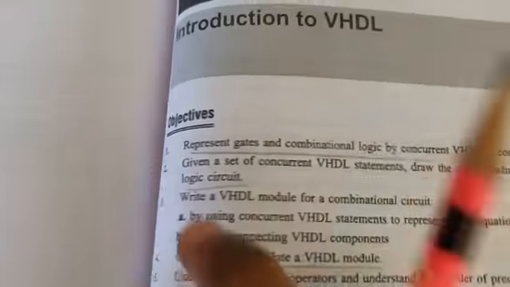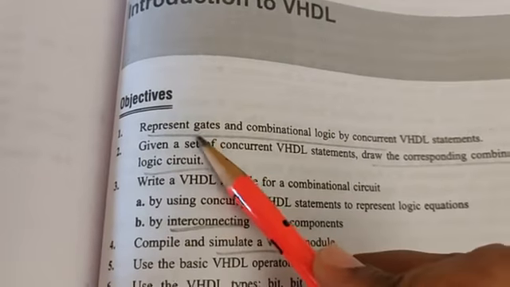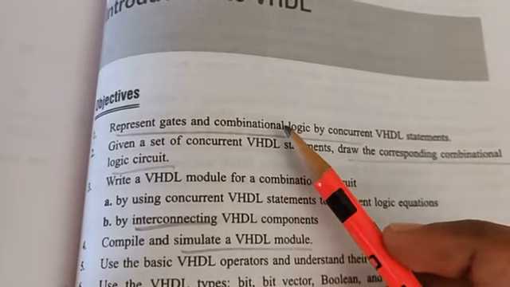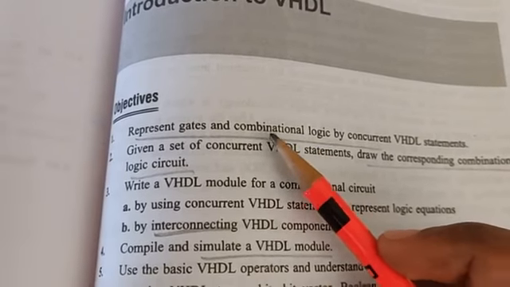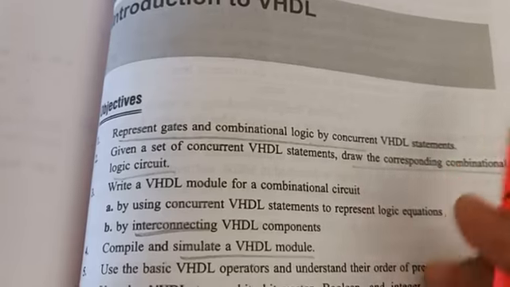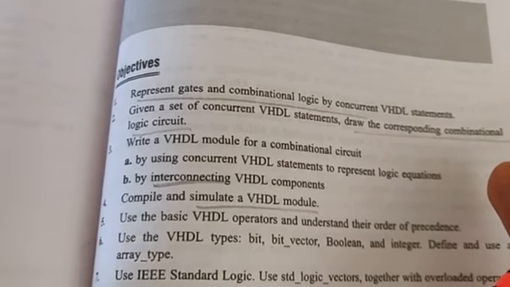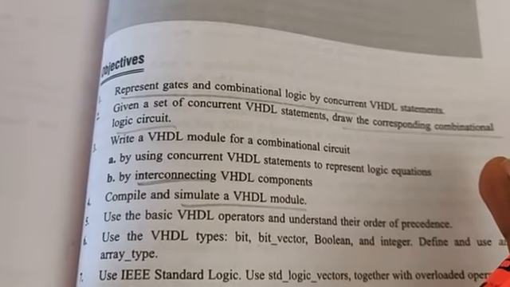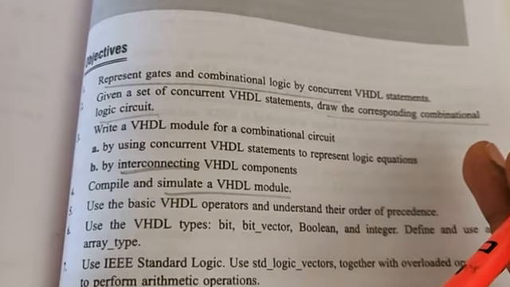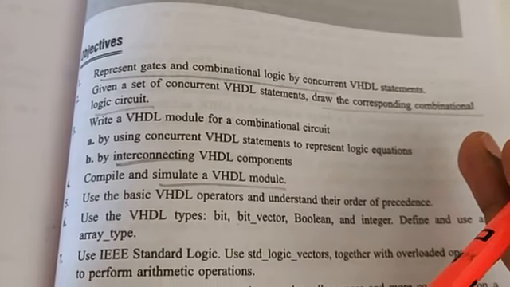In this chapter we're going to learn how to represent gates and combinational logic by concurrent VHDL statements, how to interconnect VHDL components, and how to simulate the VHDL module.